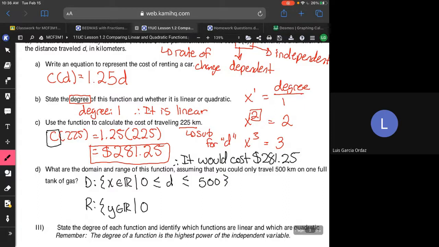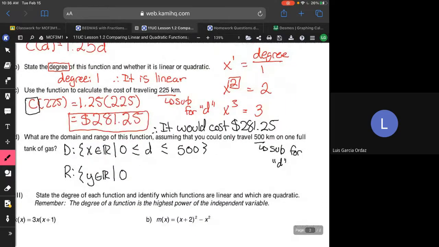The maximum, now I need to figure out how much it's going to cost me to travel 500 kilometers. So now I need to plug in 500 for D. So sub for D. So I'm going to take C at 500 is equal to 1.25 times 500.